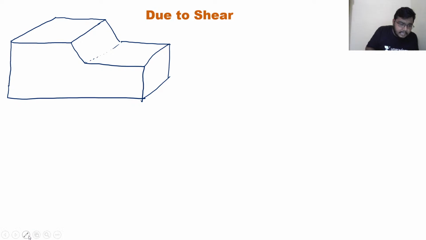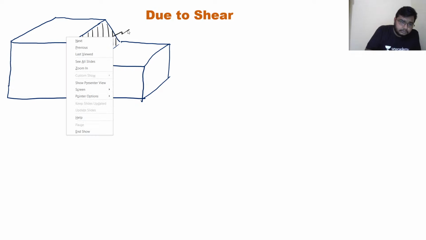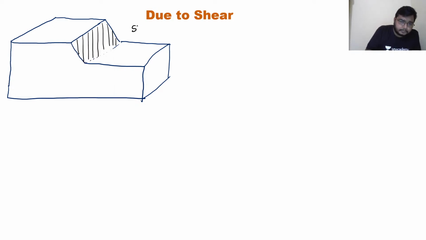This part is your shear plane, because this is the plane through which the shearing of chip took place. So let us assume this as A, this as B.